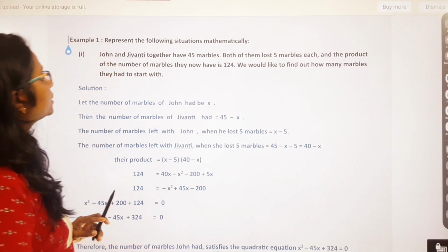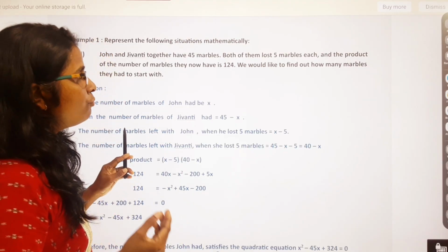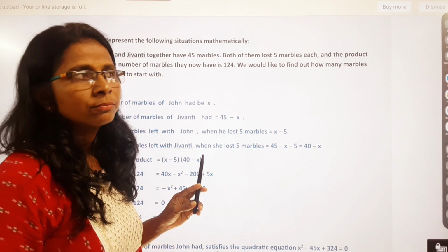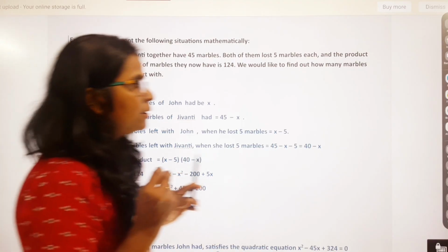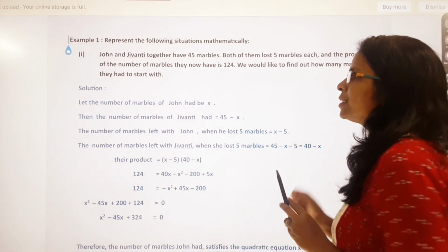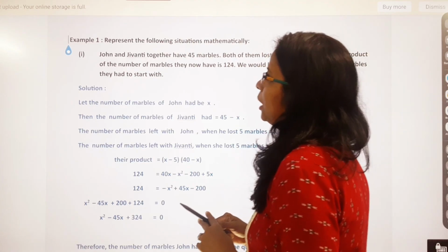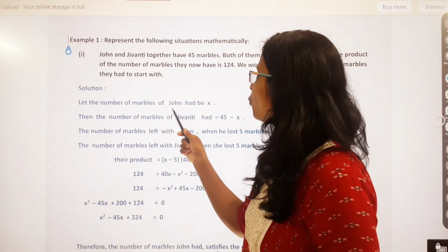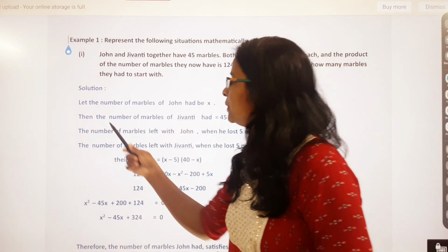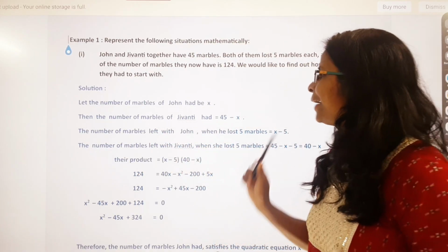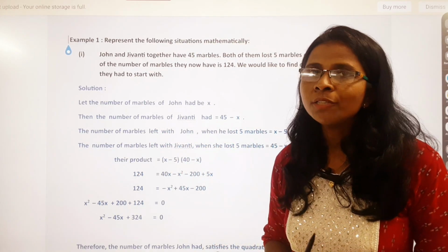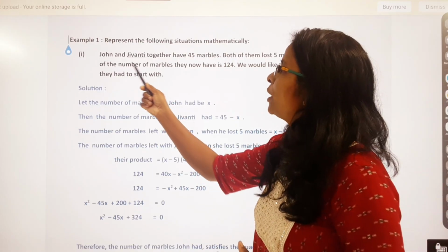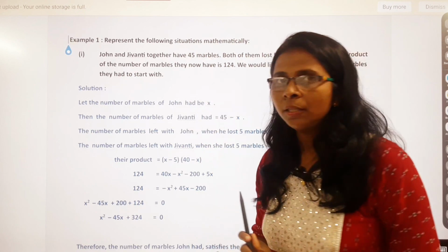Now see here, we want to find out the quadratic equation. So the conditions are given in this example. For those conditions, let the number of marbles John had be x. Then the number of marbles Jivanti had is 45 minus x, because by applying the first condition, John and Jivanti together have 45 marbles.